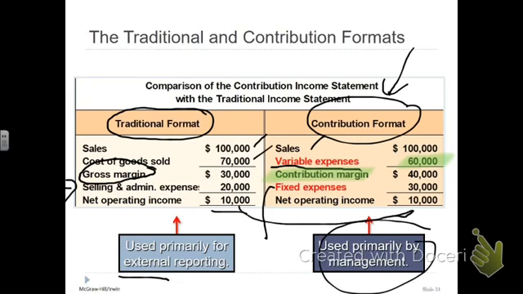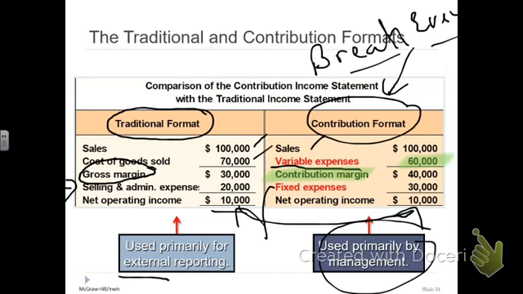Notice the net income in this case is the same. Okay, it should be for most purposes, unless you're producing things and throwing them into inventory and what have you. But we'll talk about that complication later. For the most part, they should be the same. The reason why managers like contribution format is because it will start to tell them things like a break-even point. We're going to talk about that in one of the later chapters.